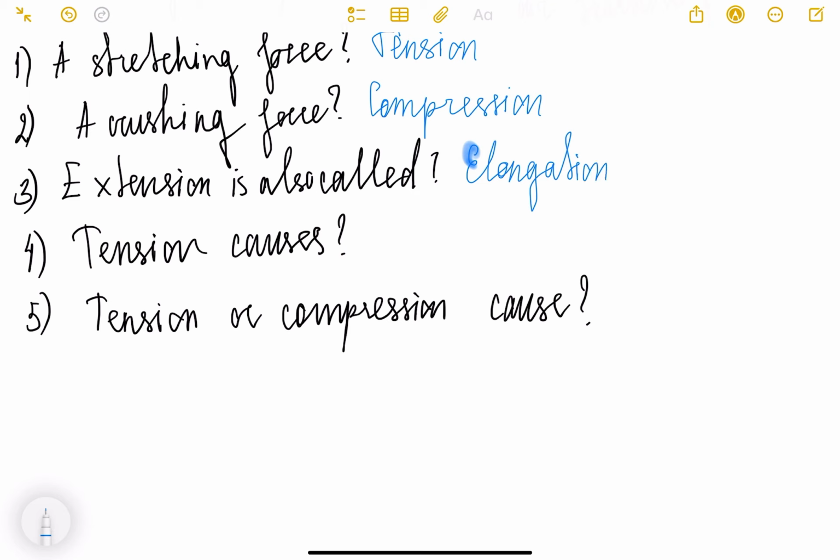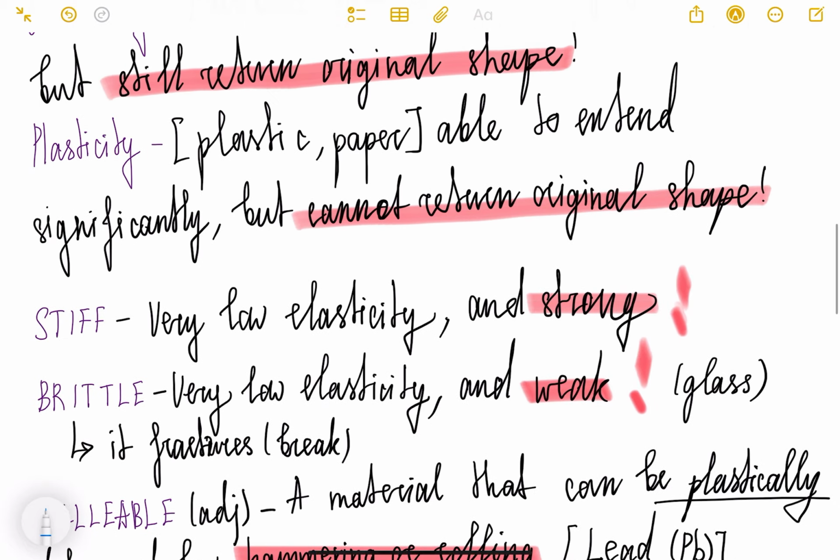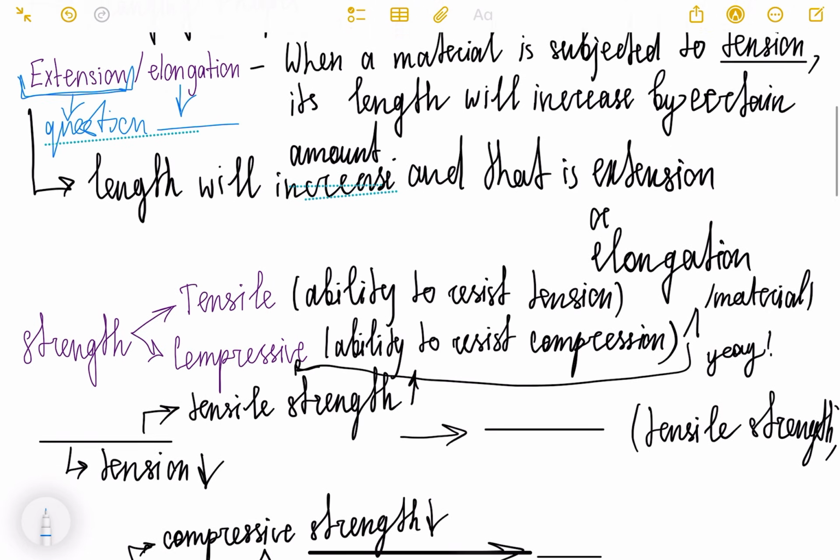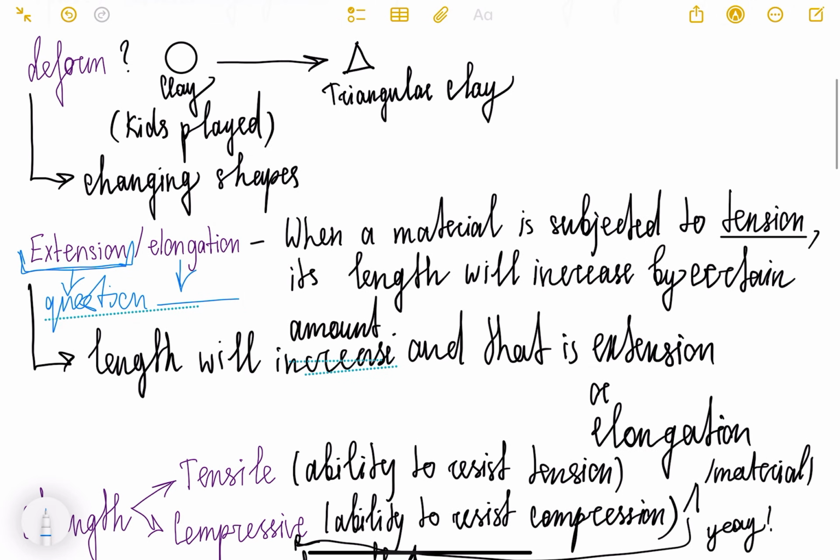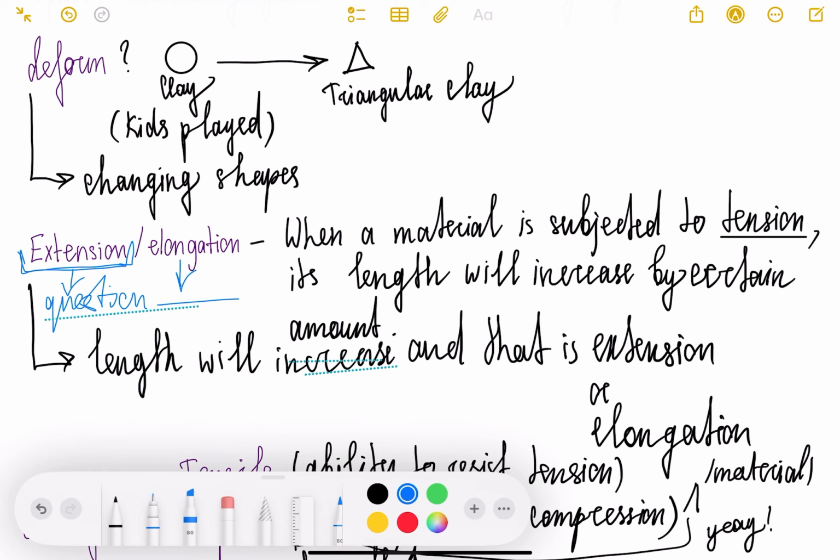Tension causes what? Tension causes elongation or extension. Where is that? Yeah. When a material is subjected to tension, its length will increase by a certain amount.